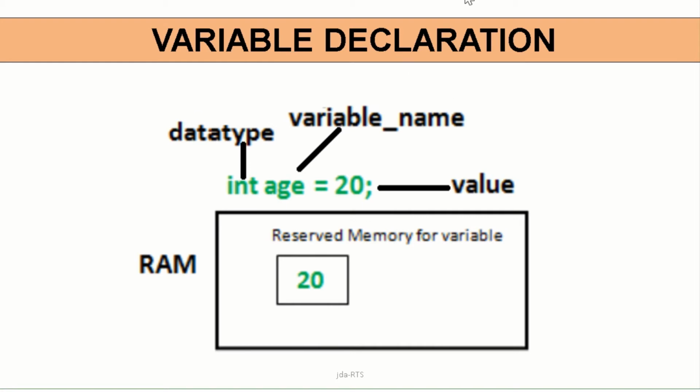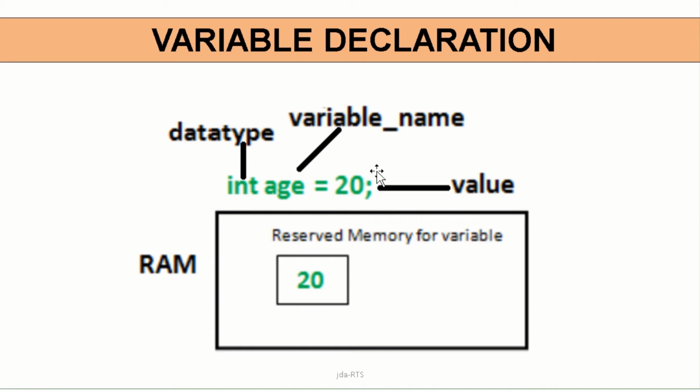When you say variable declaration, it consists of the data type based on the data, then the variable name that follows the rules in creating an identifier, and the initial value.